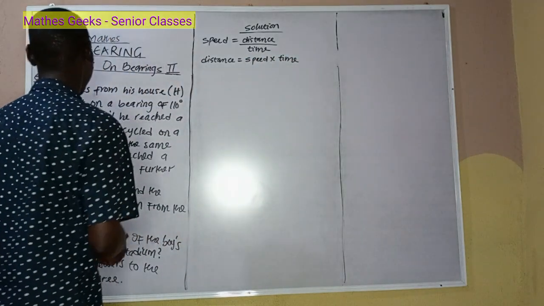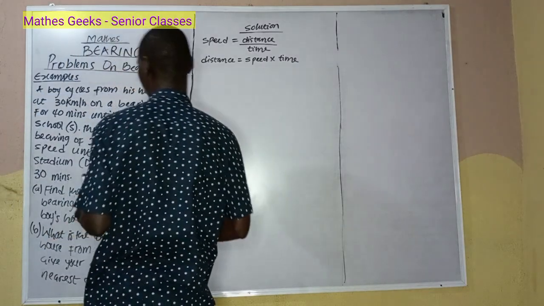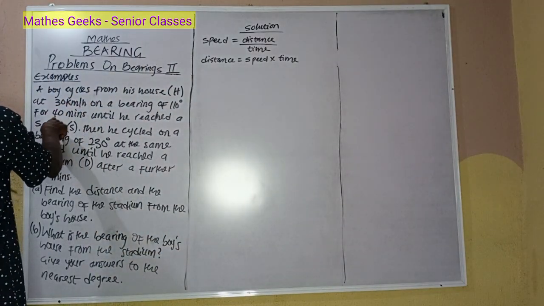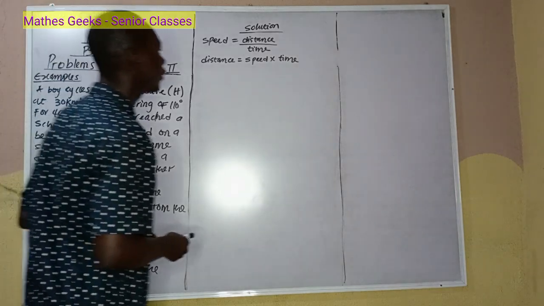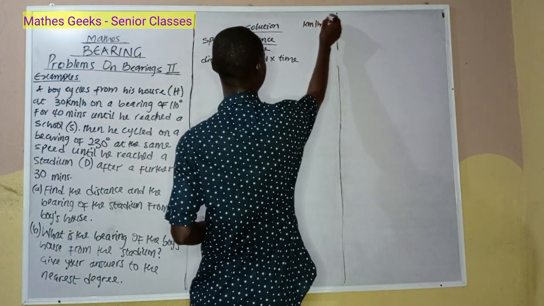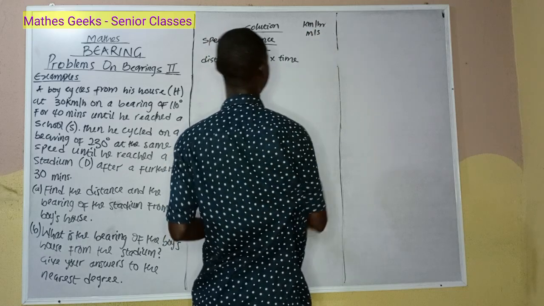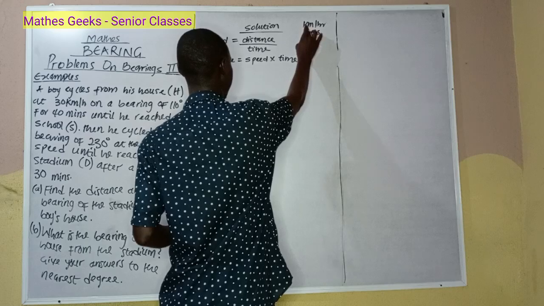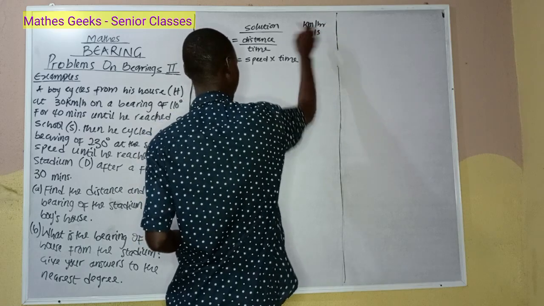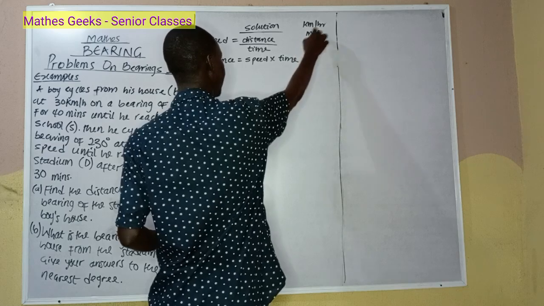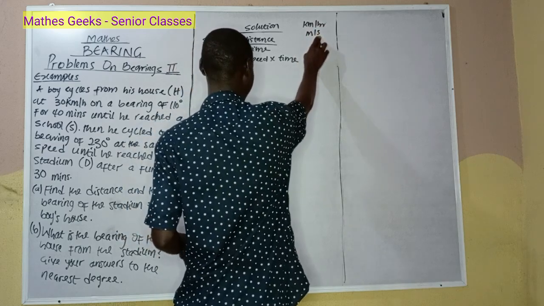The speed is given in kilometers per hour, but time is given in minutes. If the distance is in kilometers, then time must be in hours. On the other hand, if distance is in meters, then time must be in seconds.